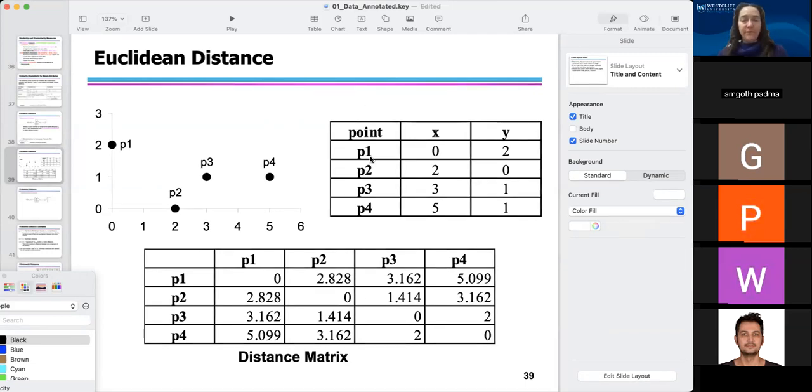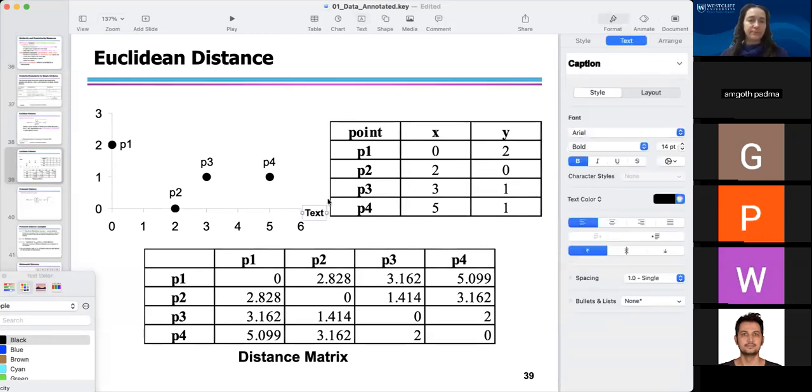We have 4 objects, but how are we plotting them? We're just taking the coordinate system. In this situation, we have 2 attributes. The first attribute will be plotted on the x-axis, and the second attribute will be plotted on the y-axis.